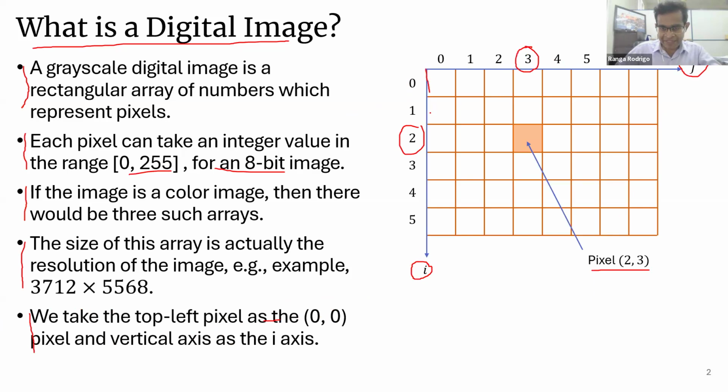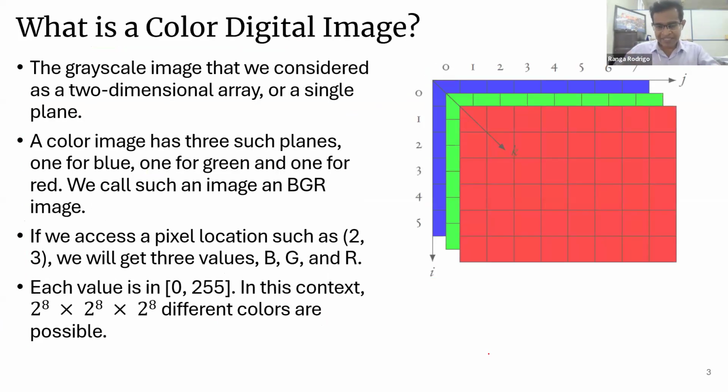This axis is the first index, like in a computer language. I hope it's clear. So this is a grayscale image, but if you take a color image, you can consider that there's another axis, and there are 3 such planes: the blue, the green, and the red plane, right?